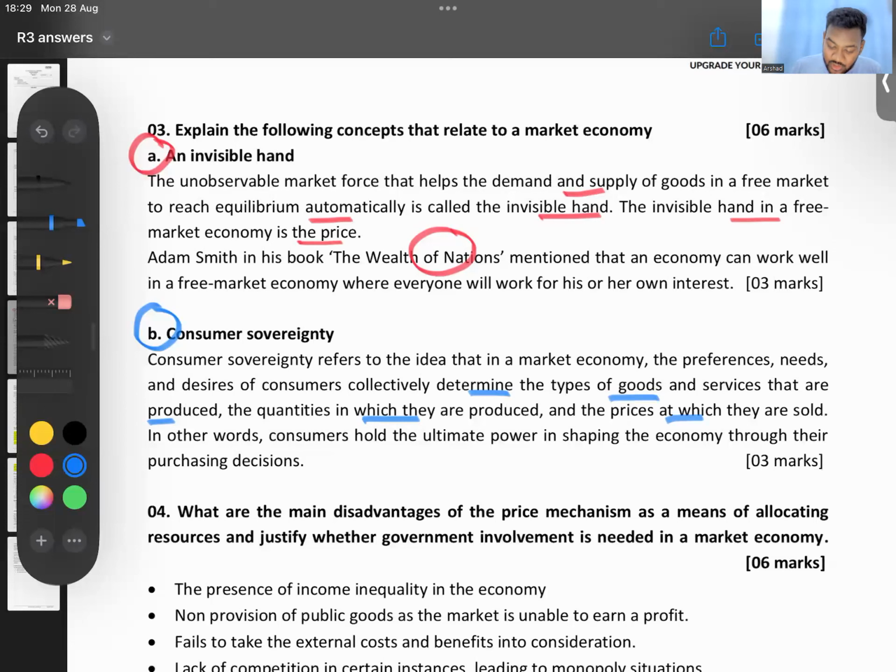So the consumer holds the ultimate power in shaping the economy through their purchasing decisions. That is what you call consumer sovereignty. Remember, both of these concepts are connected to a market economy. So you need to know how to write for invisible hand and how to write for consumer sovereignty. Is that fine? Questions, problems, issues?